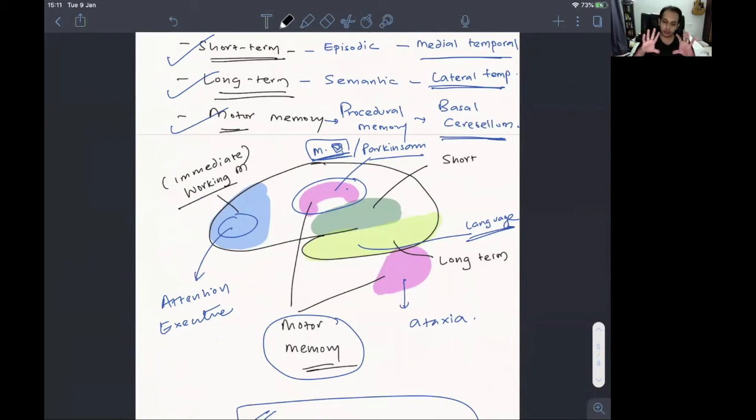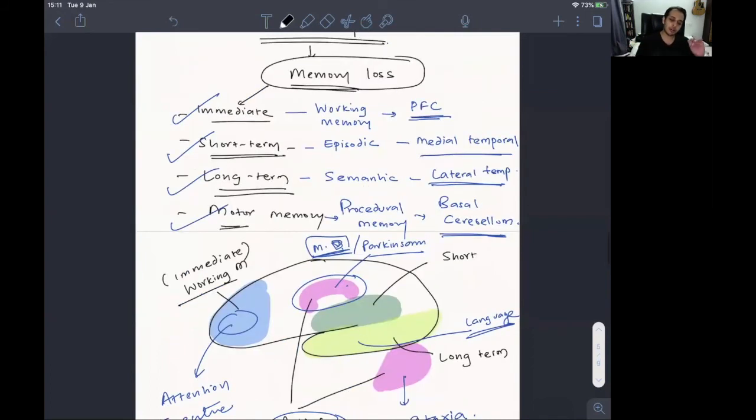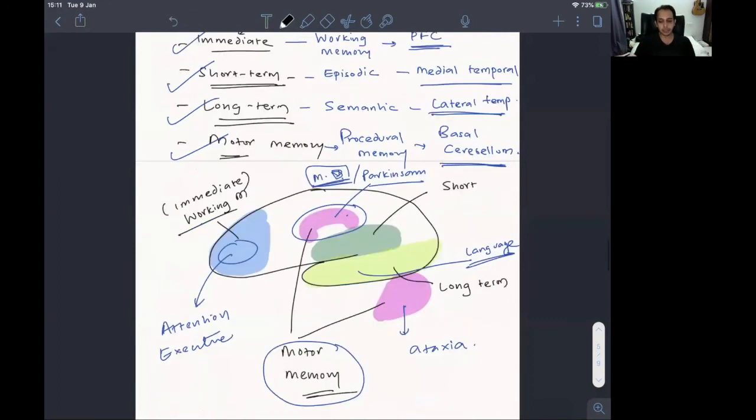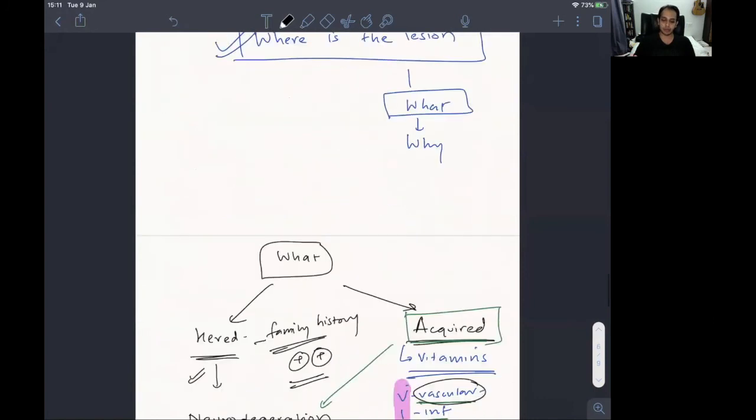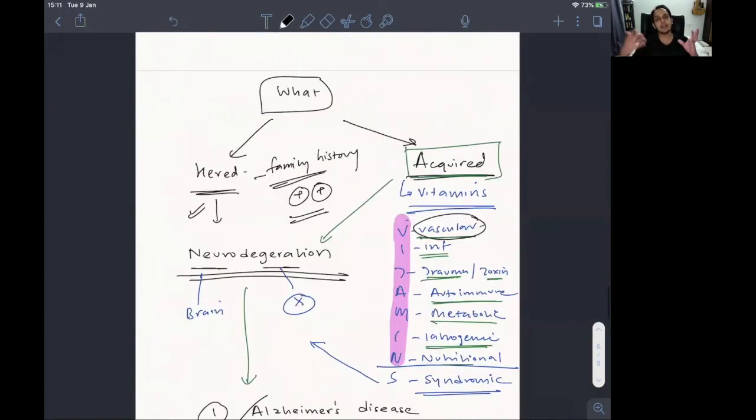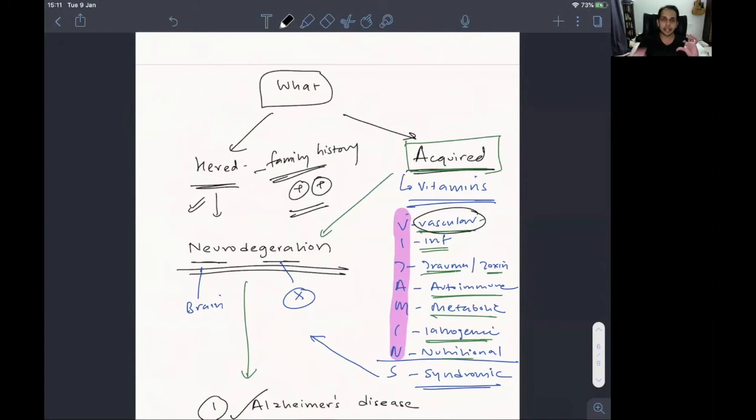Now, once you have localized that it is only memory, suppose everything else is normal, then you will look for what kind of memory loss. Is it immediate, short term, long term? Is it motor? Once you have localized that, then you have an idea of where in the brain the problem lies. Then you will go into what could be the cause of this problem. And in the what, you will ask about family history.